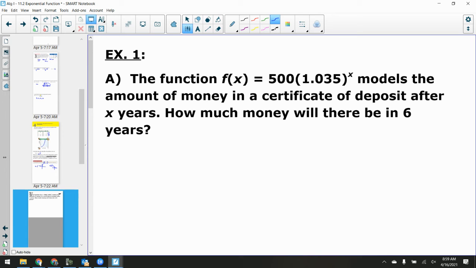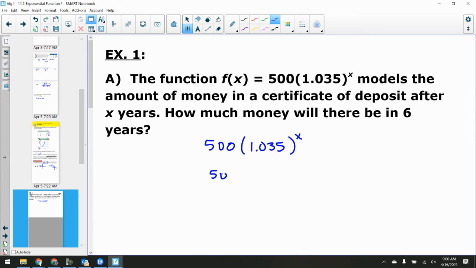So this function says, okay, I've got 500 times 1.035 to the x. Think about that equation. What's my starting value? How much money do you think I put in the bank originally? $500. And they're saying, okay, this is a 6-year CD.